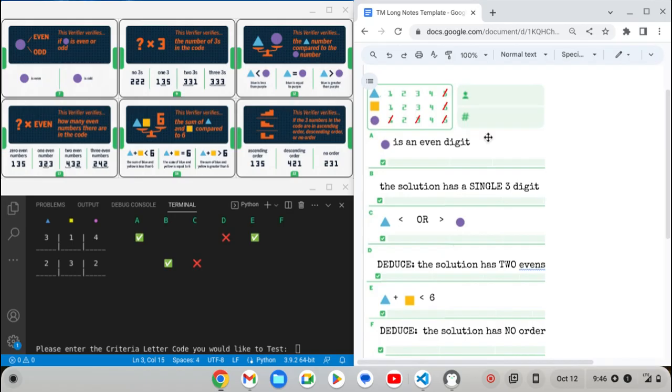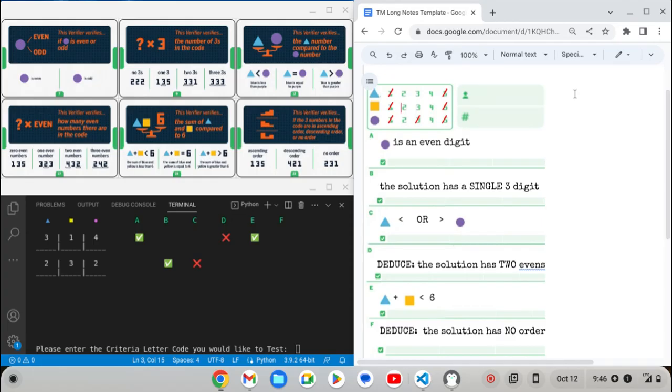Okay, so since there is a single 3, now we can definitively cross out the ones. So let's go ahead, cross out the ones. Okay, and we do have a 3.